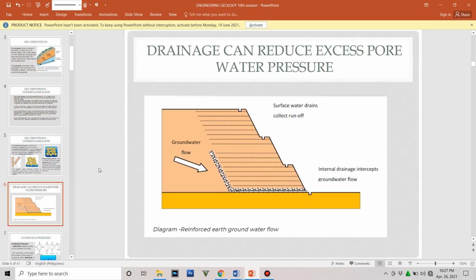So as you can see in the diagram, if we are going to have an engineering intervention, especially in a site where we have high groundwater level, when it rains, of course, ayaw nating dumiretso yan sa baba because it will loosen the foundation of this slope material.